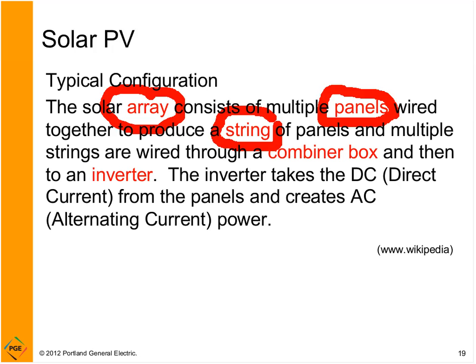The strings are wired up in what we call a combiner box, which is basically an electrical junction box. And then the array output is wired to an inverter. The inverter is the thing that actually does something. It has devices in there that convert the direct current that comes out of the panels into alternating current that can be connected directly to the grid.